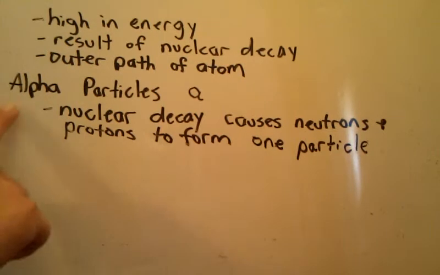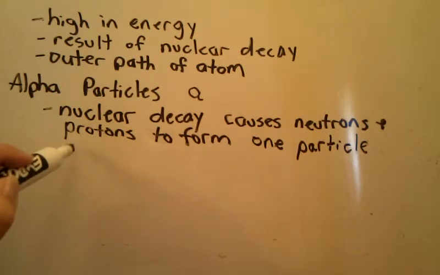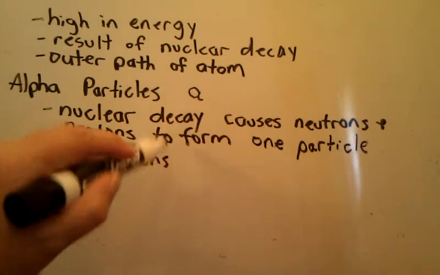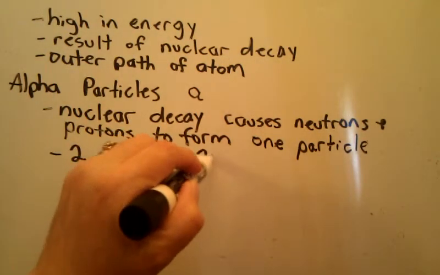Okay, and those are called alpha particles. It's made up of 2 protons and 2 neutrons.